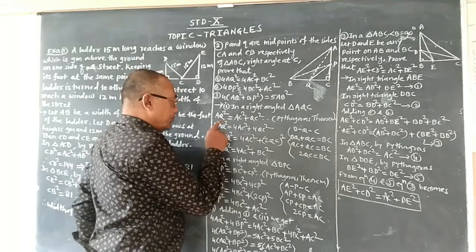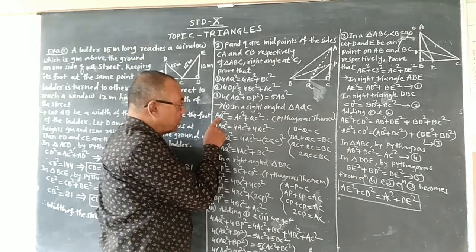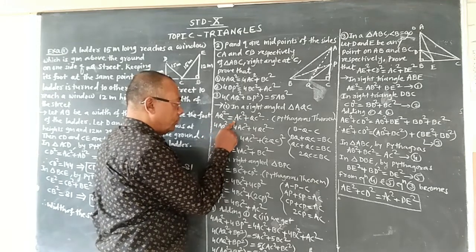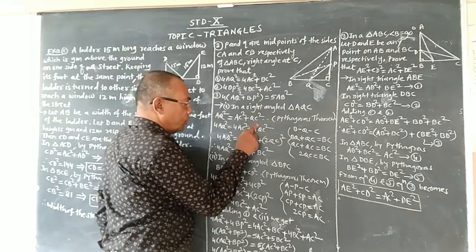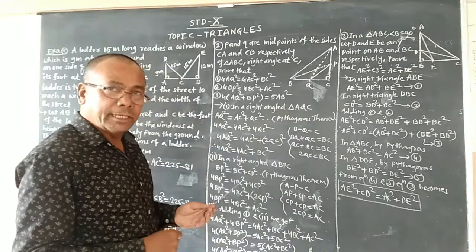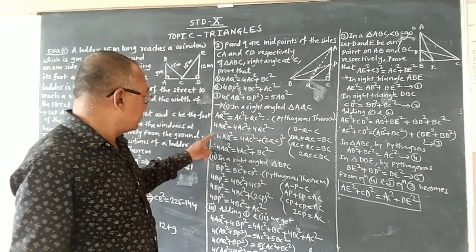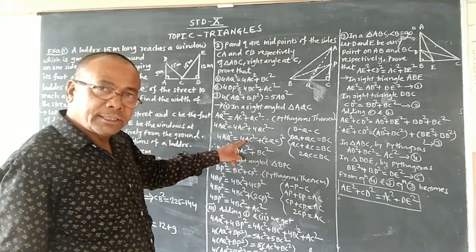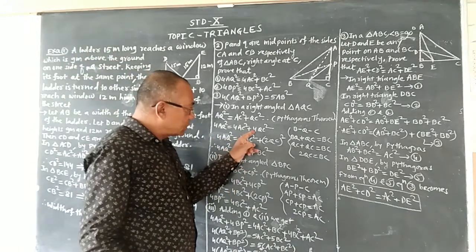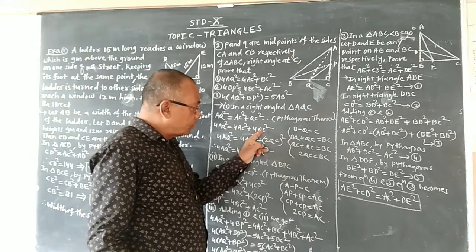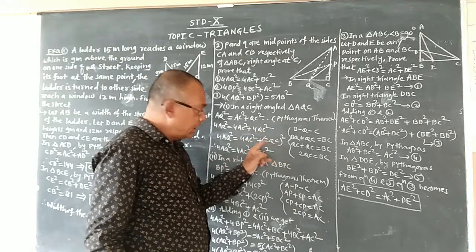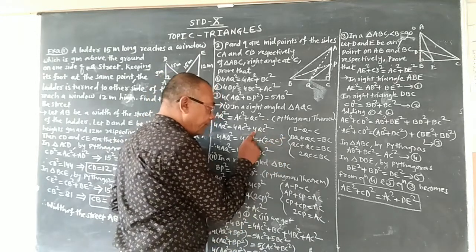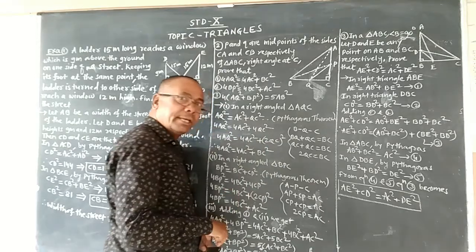So here, multiplying by 4 on both sides of the equation, 4AQ square is equal to 4AC square plus 4QC square. That is our adjustment. Now 4AQ square as it is, 4AC square also as it is, plus the square root of 4 is 2, the square root of QC square is QC, so we make a bracket and square it, because 2 square is 4 and QC square is here.